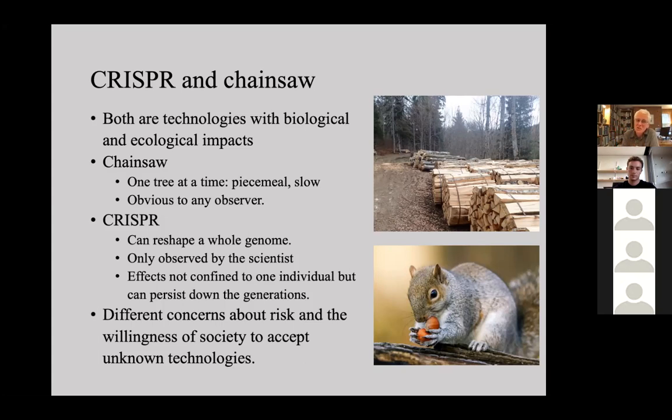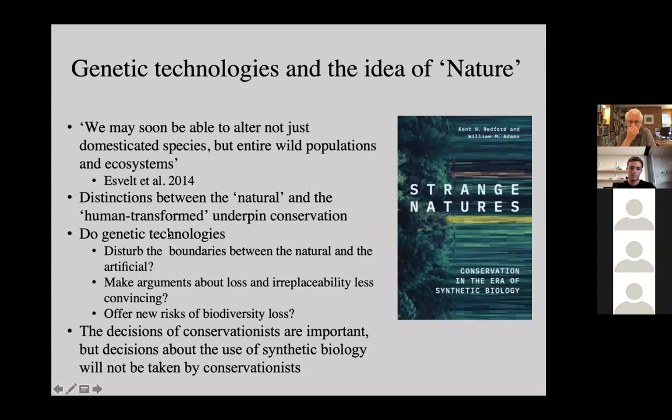It can reshape a whole genome. It's only observable by a scientist, and the effects are not confined to one individual, but can persist down the generations. And these differences explain, I think, why the technologies of gene editing are put in a different category in people's heads. They raise different concerns about risk and the willingness of society to accept them.